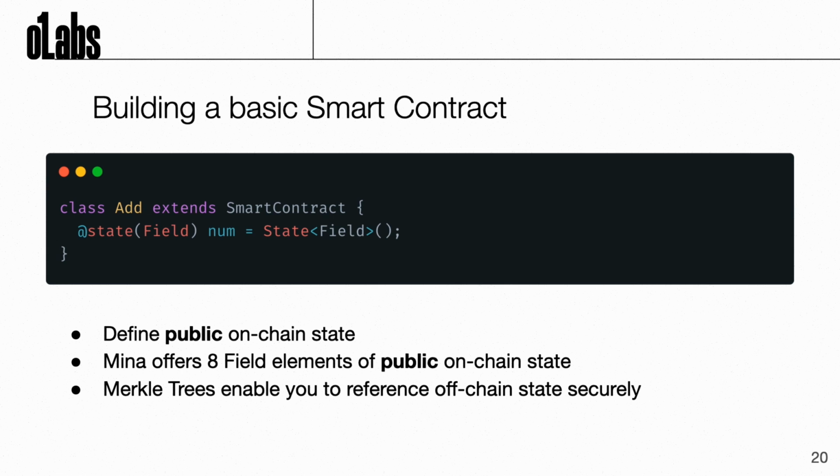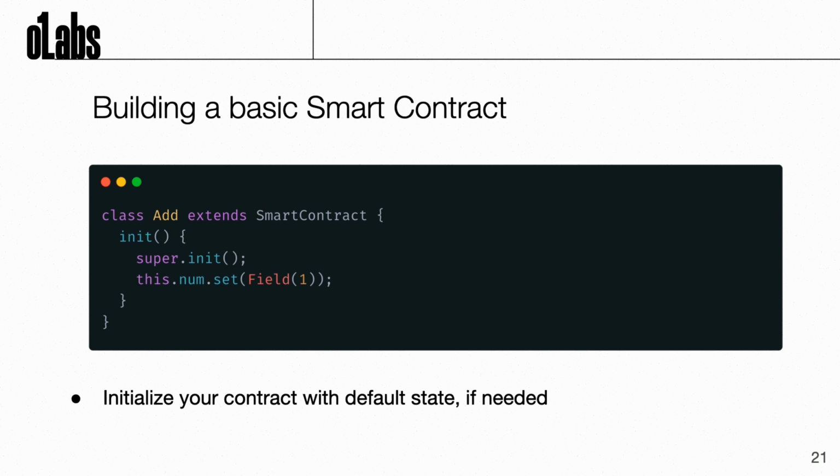The state field: on the Mina blockchain, we can have some state on-chain. It is public state, and we can have up to 8 field elements. There's also other things that you can utilize to get access to more state, for example Merkle trees that can reference off-chain state. Then there's the init method, which lets you initialize your contract with default state if needed.